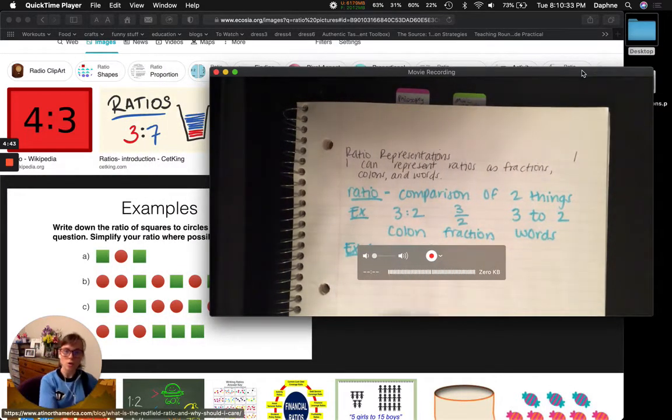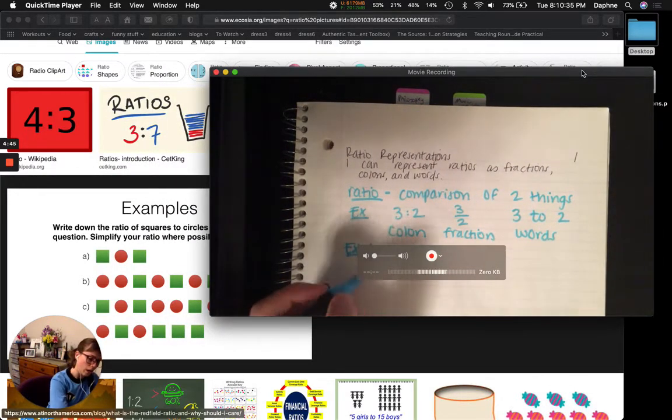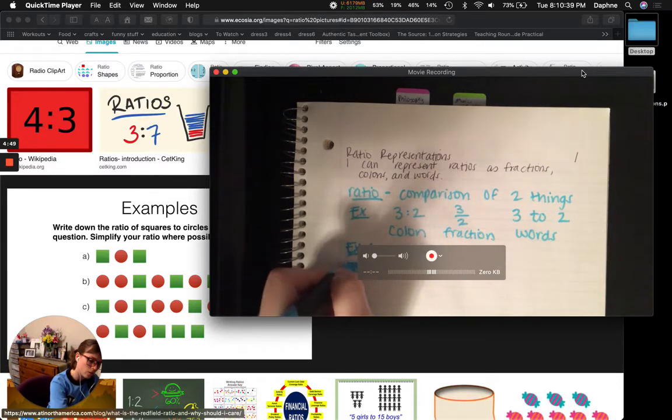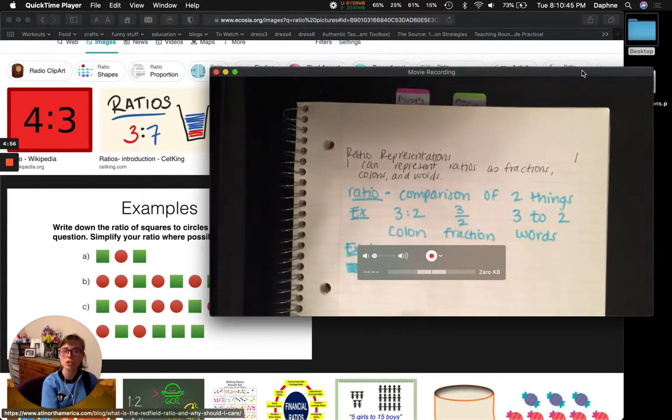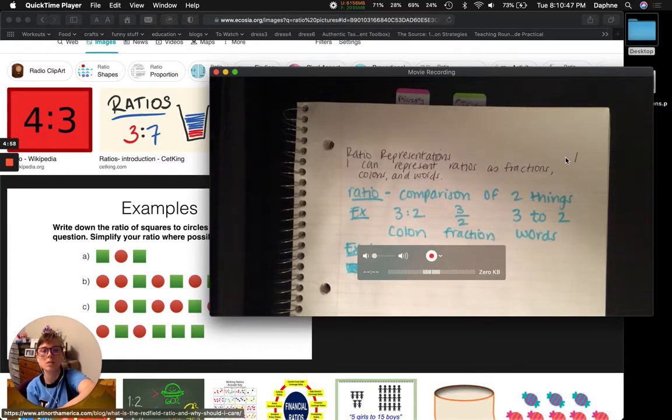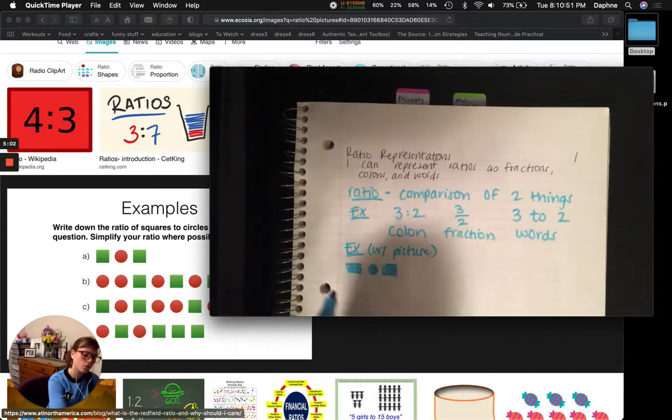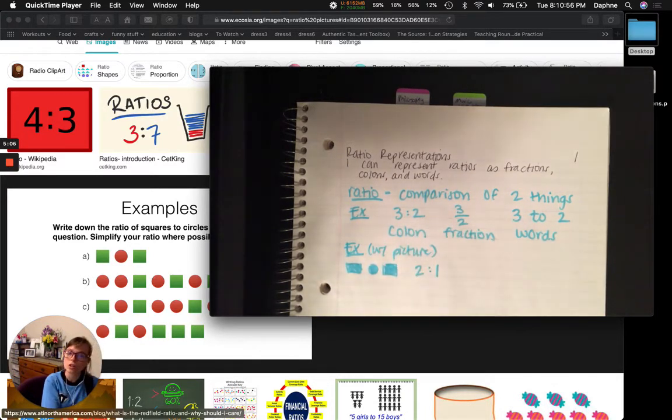So I'll just draw this. If I have 2 squares and a circle, the ratio of squares to circles will be 2 squares to 1 circle.